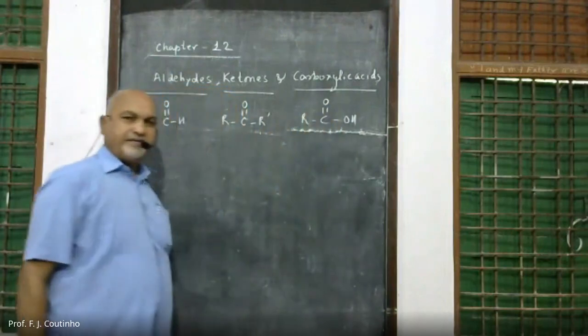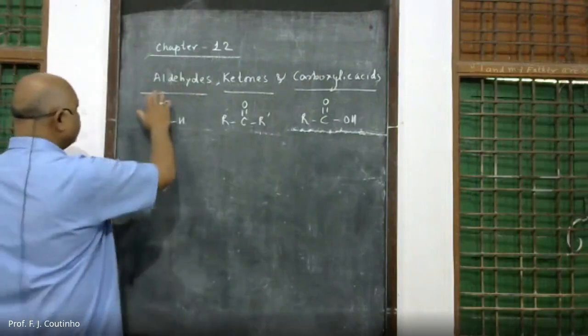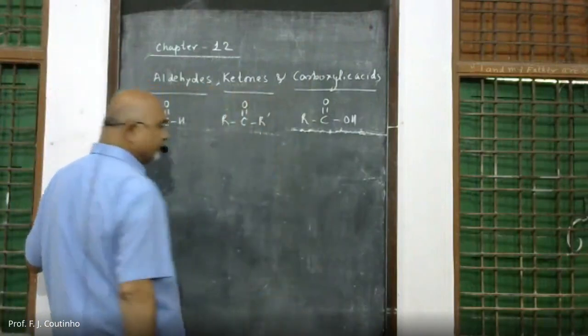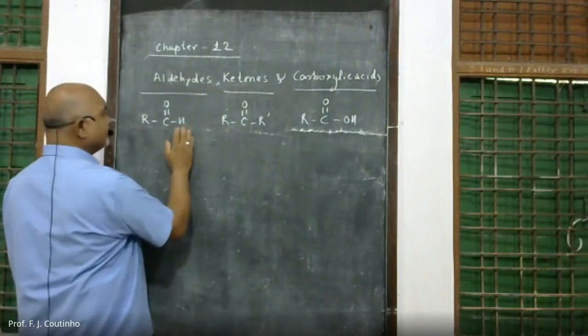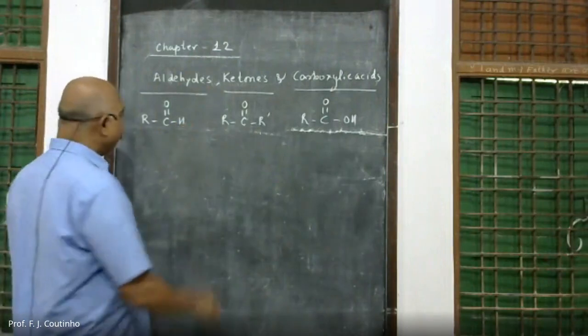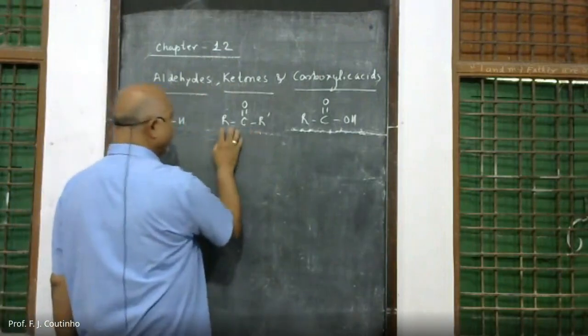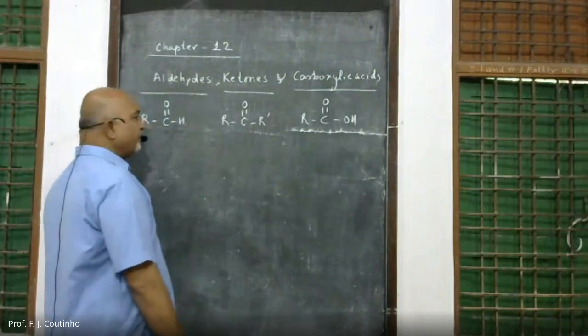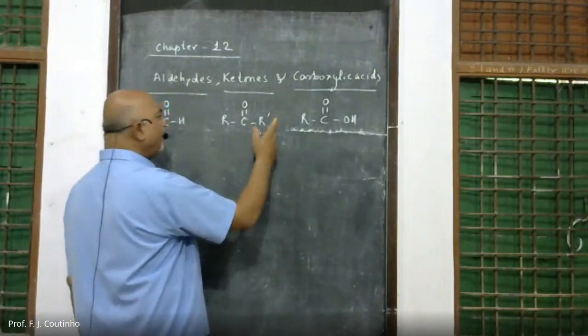They have this common factor in all of these: aldehydes, ketones, and carboxylic acids. What is the difference between them? In aldehydes, on the right hand side, there is a hydrogen, and that's why we call it an aldehyde linkage. In case of ketone, R and R dash may be the same or different, maybe an alkyl group or an aryl group.